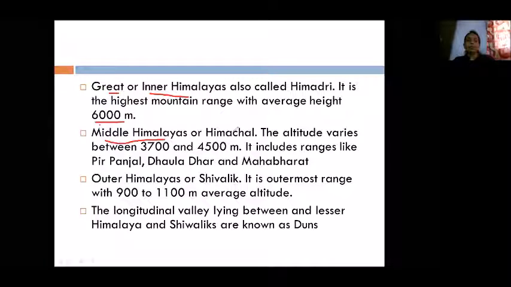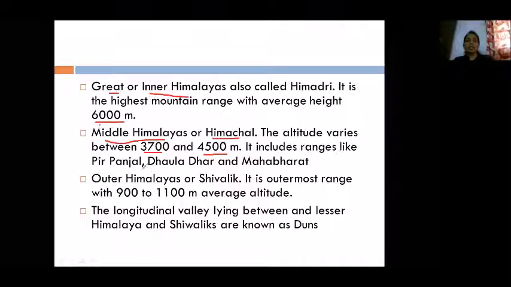In the Middle Himalaya, also called Himachal, the altitude varies. The altitude is not the same. There is a variation in the altitude. What is the variation? See here, 3,700 meters to 4,500 meters. This variation is found in the Middle Himalaya.